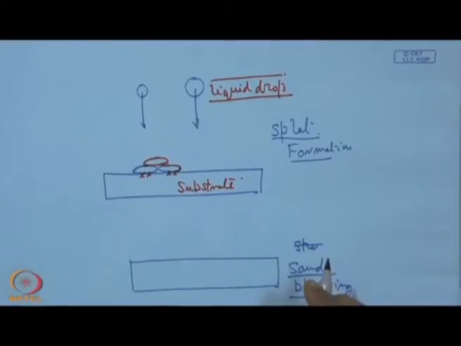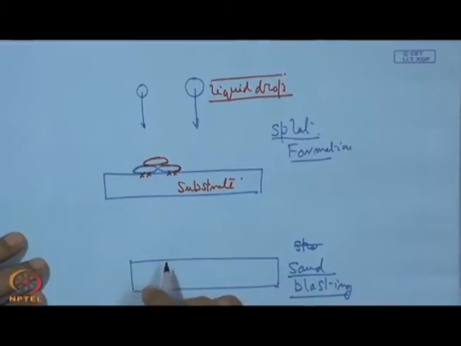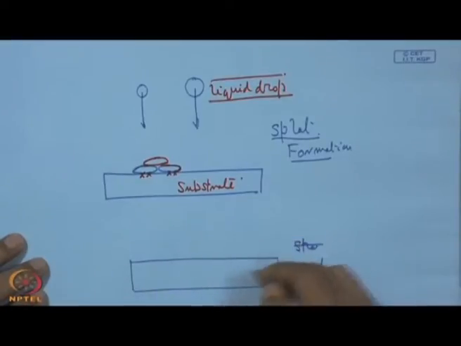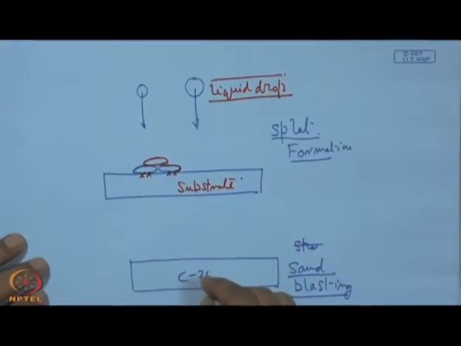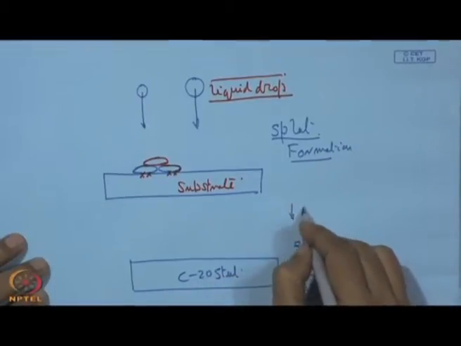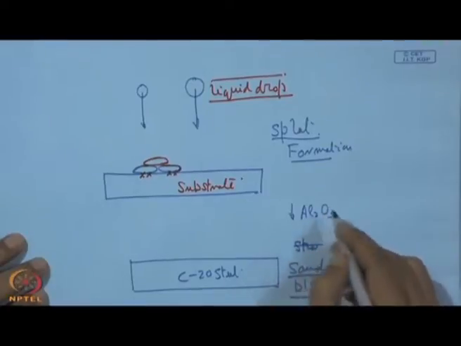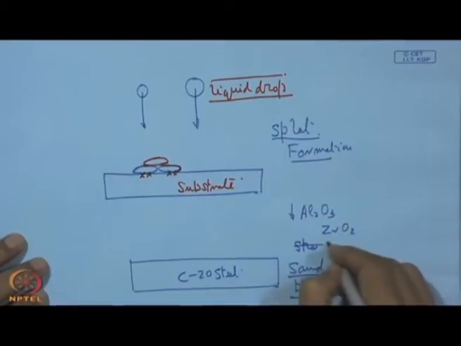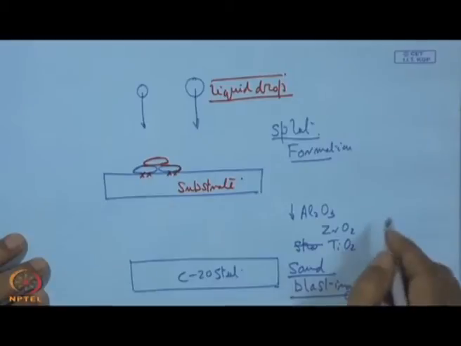And the preparation of the substrate surface we are discussing is sandblasting, but sometimes since it is a ceramic material, we do not have much chemical compatibility between, say, this C20 steel, and here we have aluminum oxide or ZrO2 or TiO2, something like that.